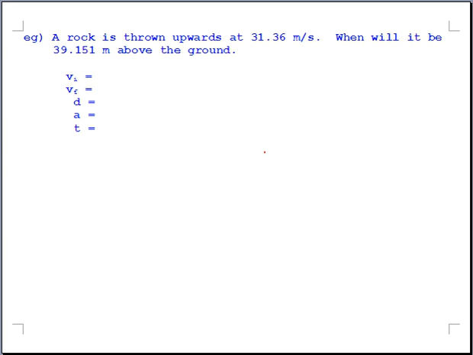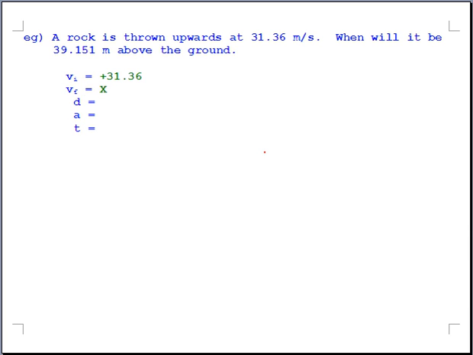In the last example, we said there was no initial velocity. We were dropping a rock off of a building. This time we're throwing it upwards. That 31.36 is our initial velocity. Final velocity looks like it's still the one that we're going to cross out. Doesn't give us that value, doesn't ask us for that value, so don't really care.